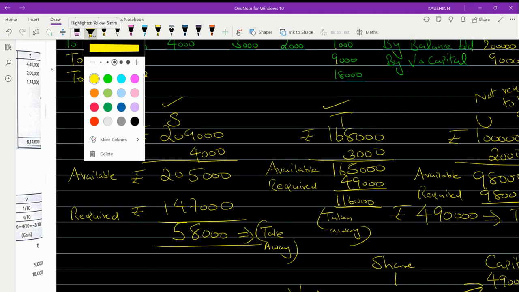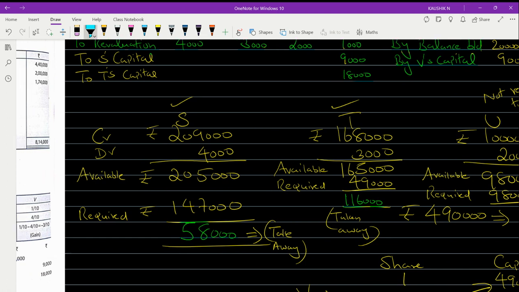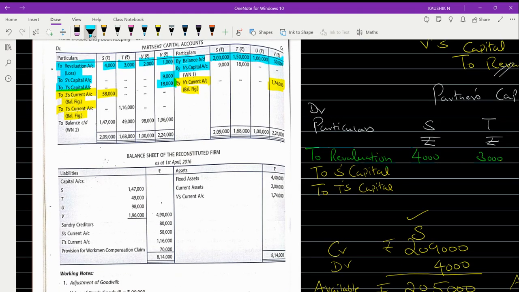The amount to be taken away we have found is 58,000. So that's why they are passing it for 58,000 for partner S, and for partner T you have to pass the value of 1,16,000. So here we see to S's current account 58,000 and to T's current account rupees 1,16,000. Any doubt up to this stage?